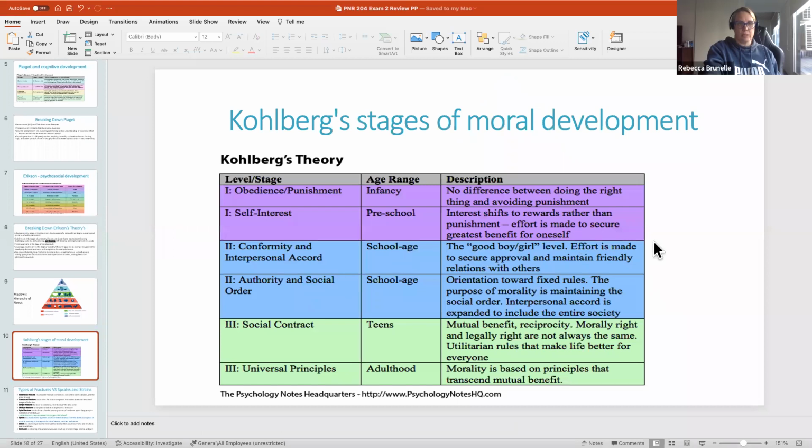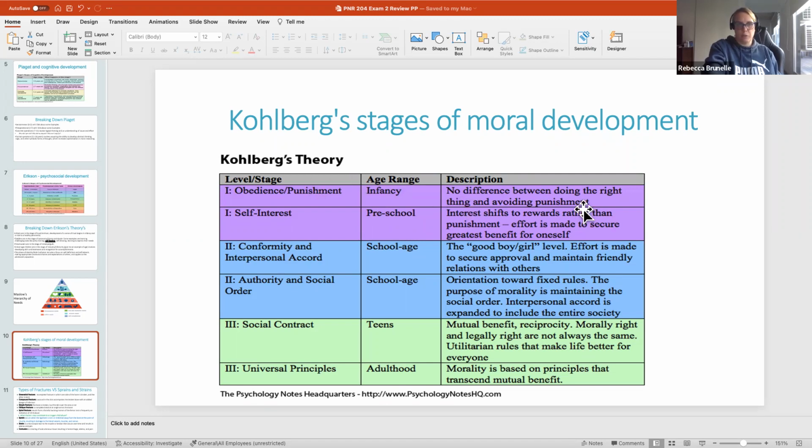So Kohlberg is the moral theorist that talks a lot about why people at different ages choose to follow rules. In infancy, they don't really have a moral compass, right? They don't really have the ability to have a thought process about doing a certain activity.